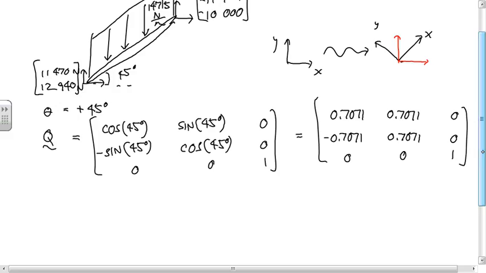One thing that's worth remembering is that whatever axis you rotate about, that axis doesn't change due to the rotation. It sort of makes sense if you think about it. So if you're rotating about the z-axis, the z-axis in the old and the new has to be the same. So you always get 0, 0, 1.